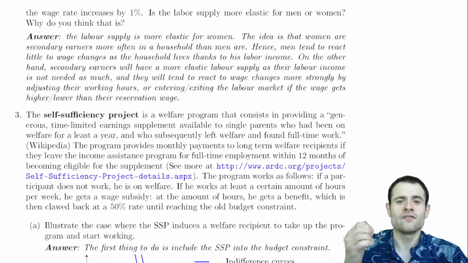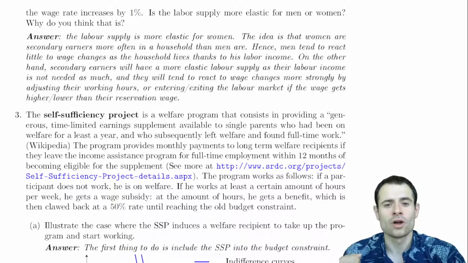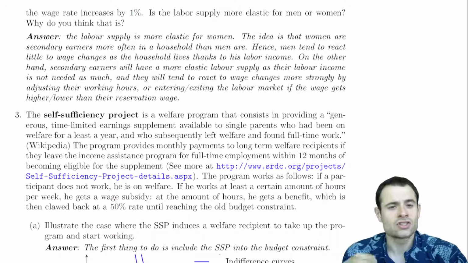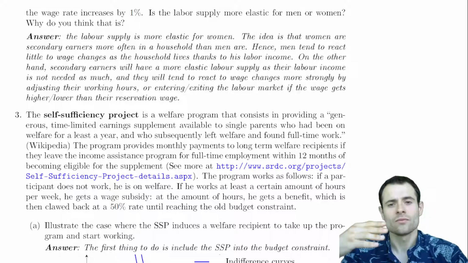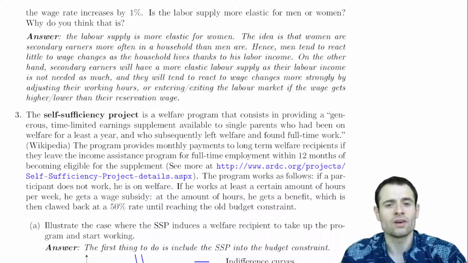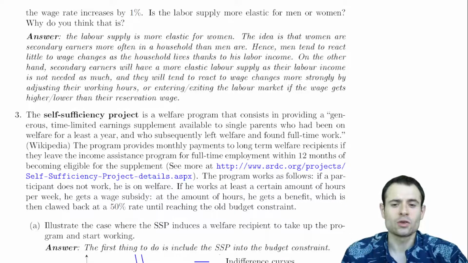So, if they find an opportunity that pays more than their reservation wage, they might suddenly decide to go from not working and taking care of the family at home to working part-time, maybe 10 hours a week. So they will tend to react to wage changes more strongly by adjusting their working hours or entering and exiting the labor market if the wage gets higher or lower than their reservation wage.